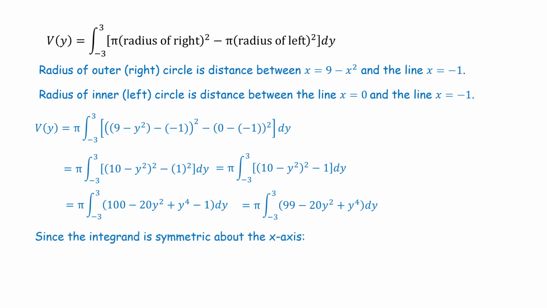Since the integrand is symmetric about the y-axis, we can write the volume as twice, or 2 pi, the integral from 0 to 3 of the quantity 99 minus 20y squared plus y to the 4th dy.